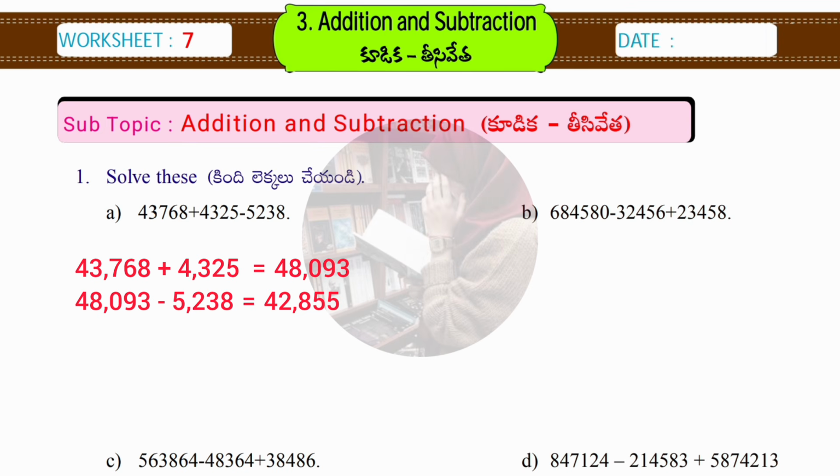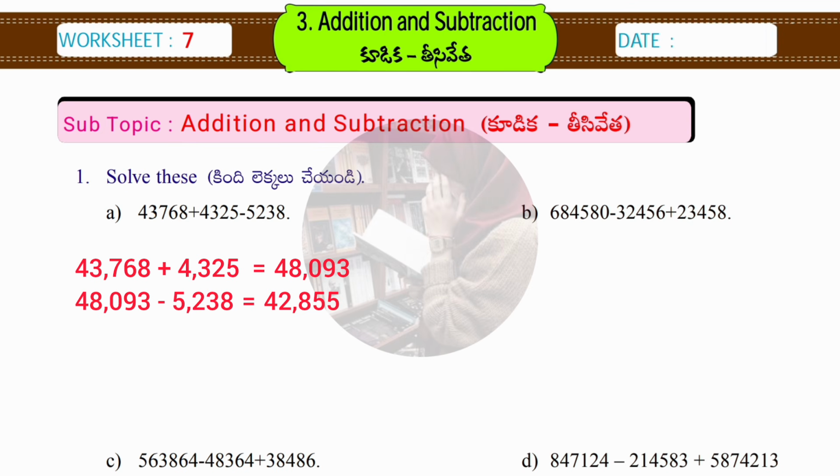Understood? So let's see, 48,093 minus 5,238. You will get the answer as 42,855. Okay? I hope you understood. If not, just move on to the second question. Here also I will explain to you. Inshallah you will understand.